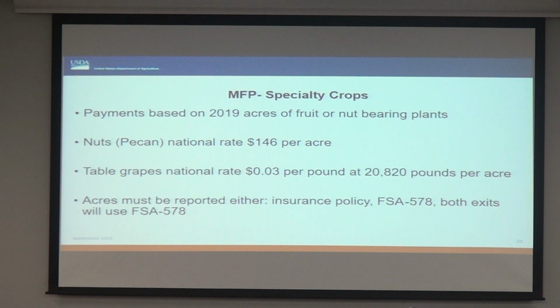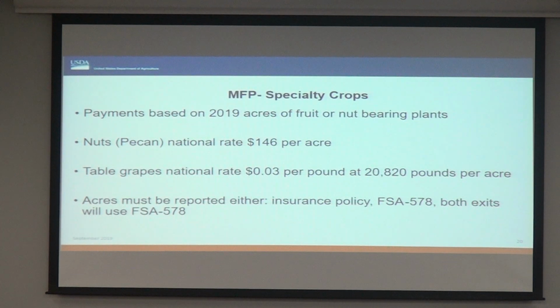To give you an example, pecan trees have to be 7 years or older and producing to be eligible for a payment. The payment rate for pecans, which is our nut, is a national rate established at $146 per acre. Grapes are 3 cents a pound at 20,820 pounds per acre.